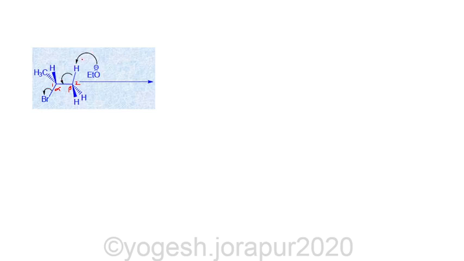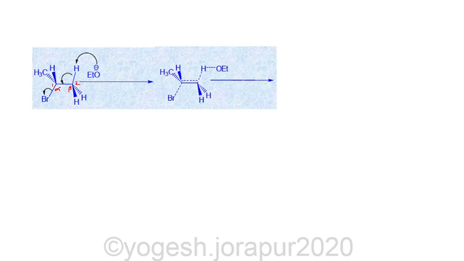You can see the arrows are moving towards the good leaving group. This is a transition state; there is no intermediate. This type of transition state we call concerted.